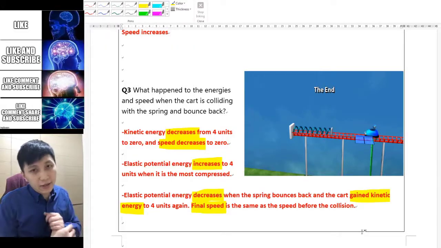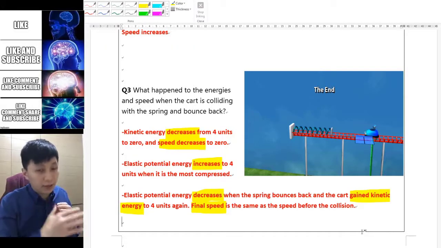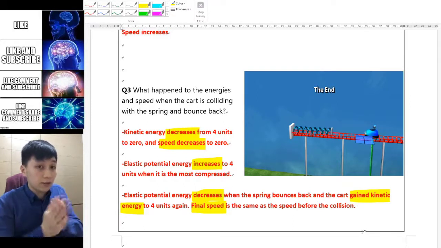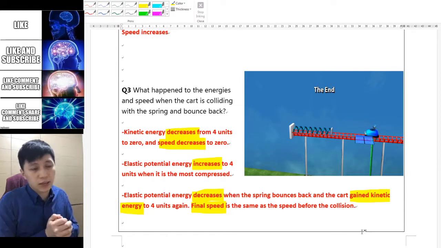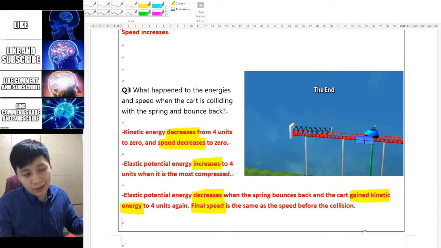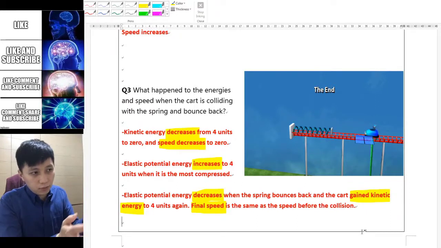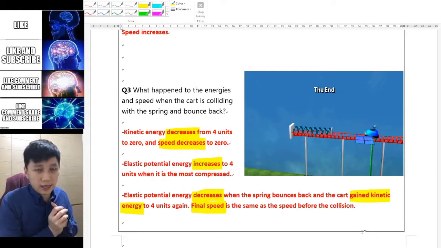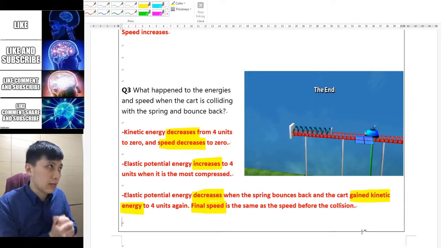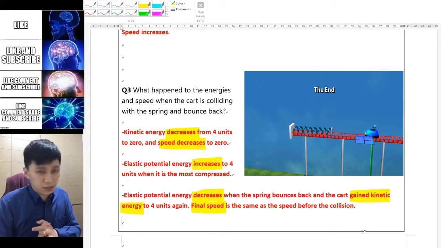In reality, along the whole track, there must be friction. Whenever you have friction, there must be heat. That will be the thermal energy that is taken away from the elastic potential energy or the kinetic energy itself, so you have less KE at the end. Another one you may think of is air resistance.